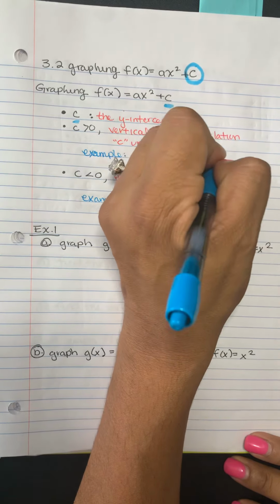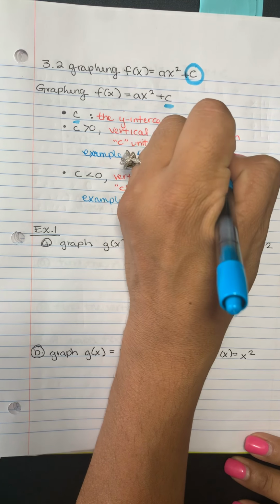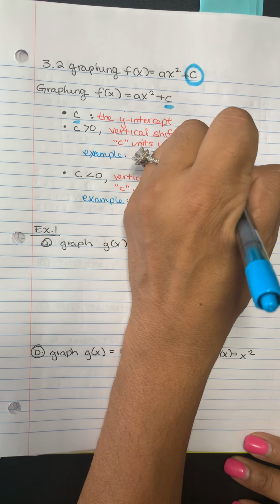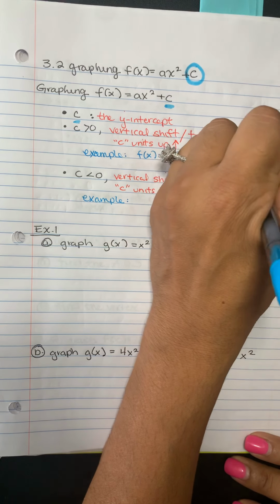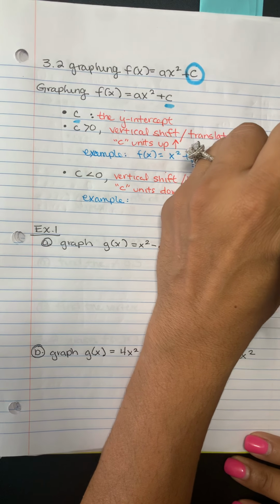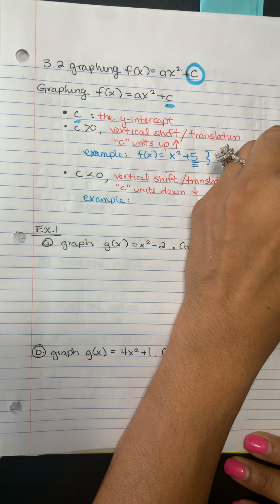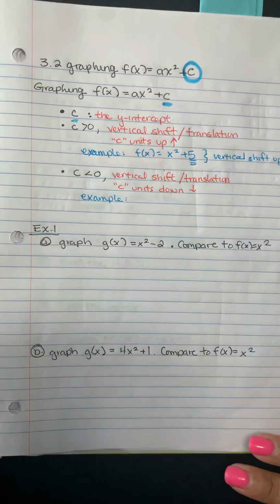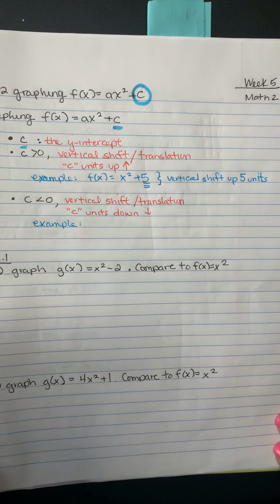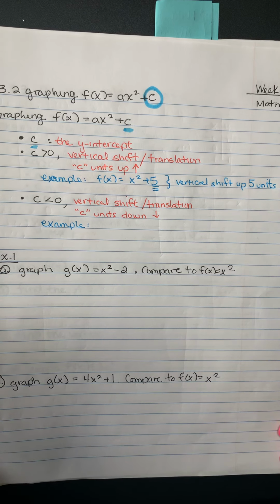It's a vertical shift or vertical translation 5 units up. So I'm going to write that out. Vertical shift up 5 units. Okay.